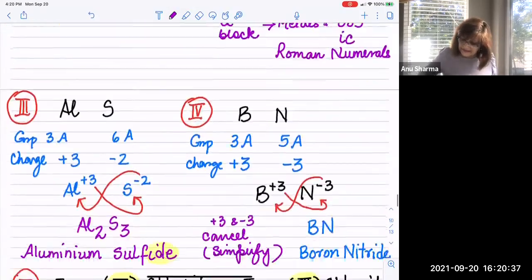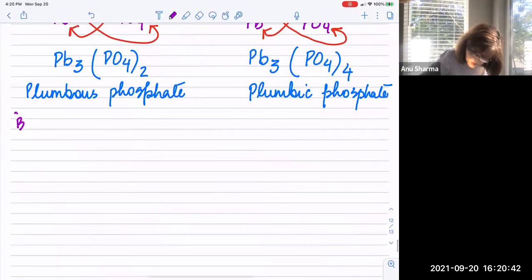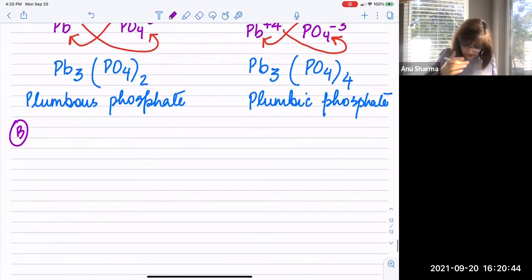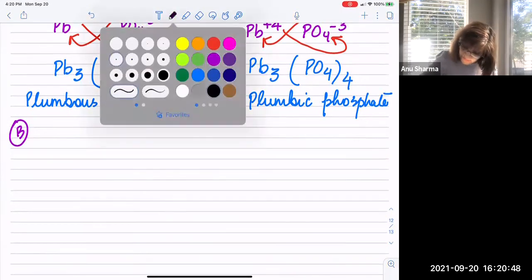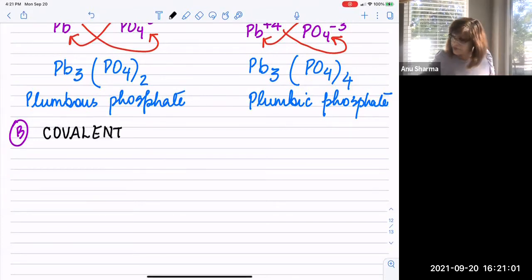Next is writing the formulas with the hydrates, or let's do first the covalent compounds.